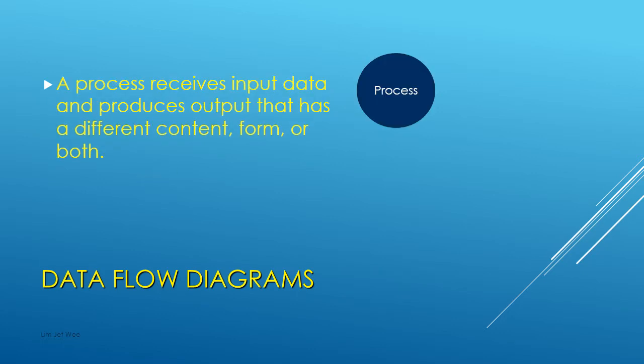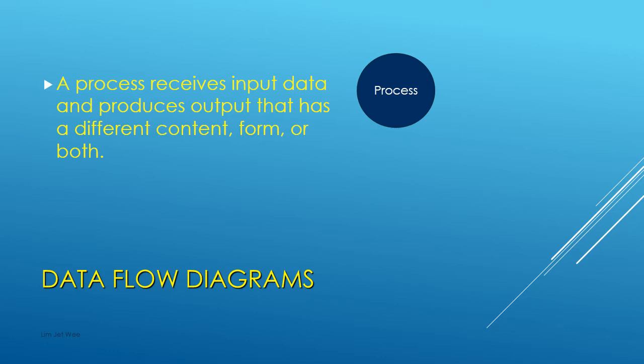Okay. So, for something to qualify as a process, it has to have input and output, and the output must actually be different from the input. Okay, because if a process only has input but does not produce any output, then the question is, why should we need this process in the first place?